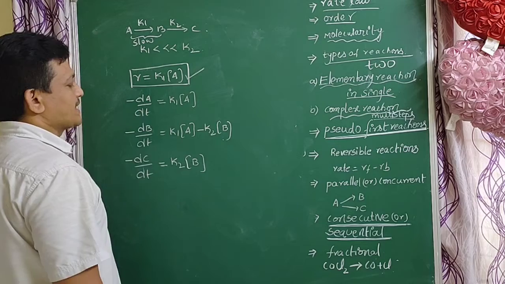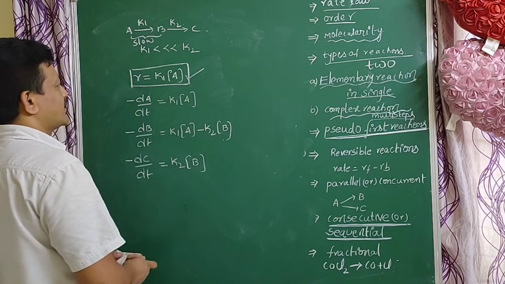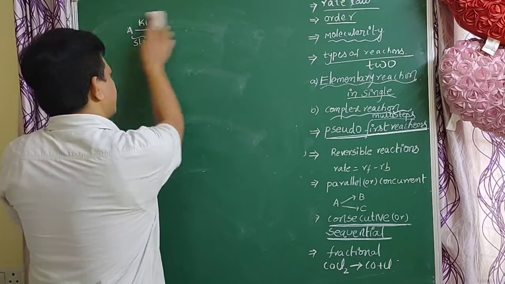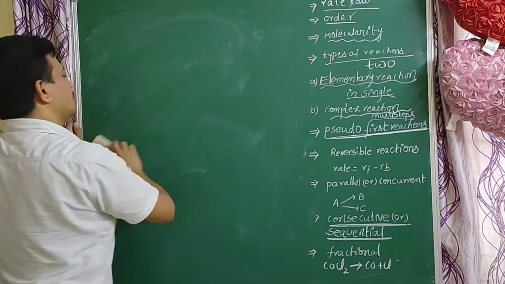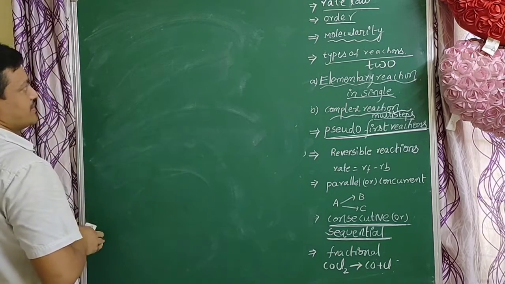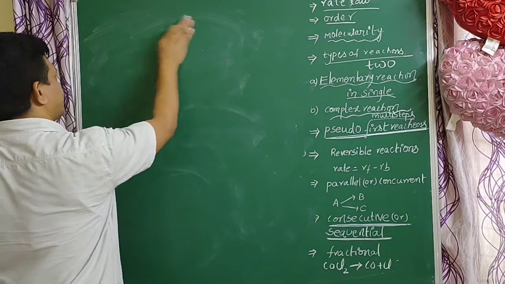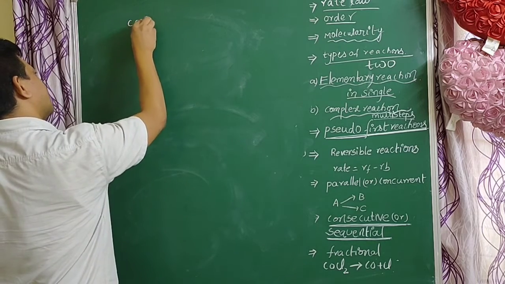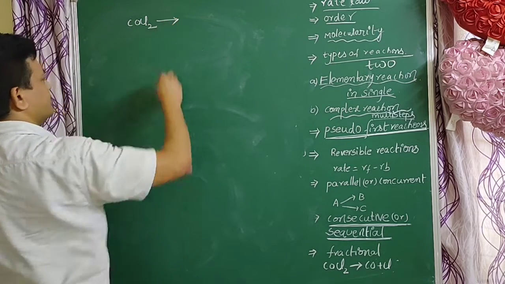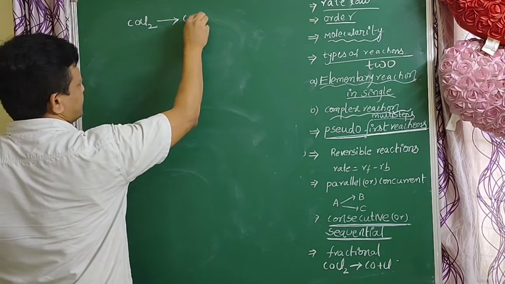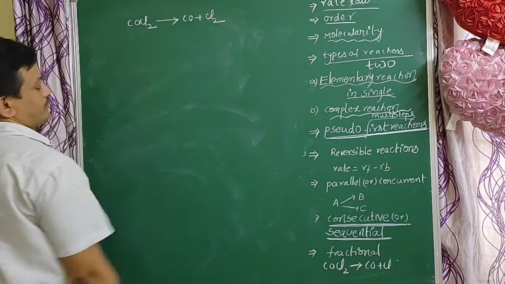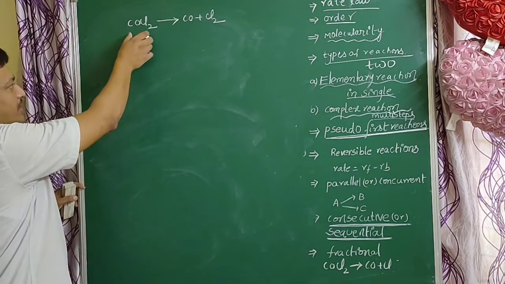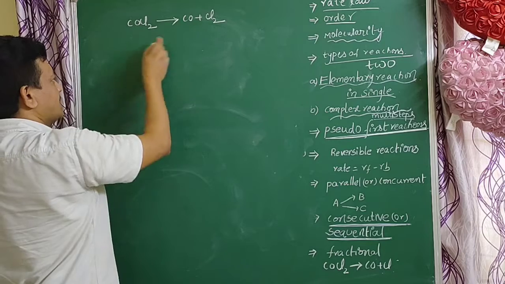Next, go to fractional order reactions. Some reactions have fractional orders. For example, COCl2, carbonyl chloride, decomposes to CO plus Cl2.